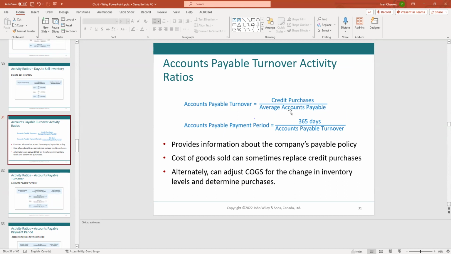Then we're going to have the average accounts payable, which will be beginning plus ending divided by 2. Accounts payable payment period will be again 365 divided by accounts payable turnover. That's going to give us information on how fast we pay our purchases on credit.